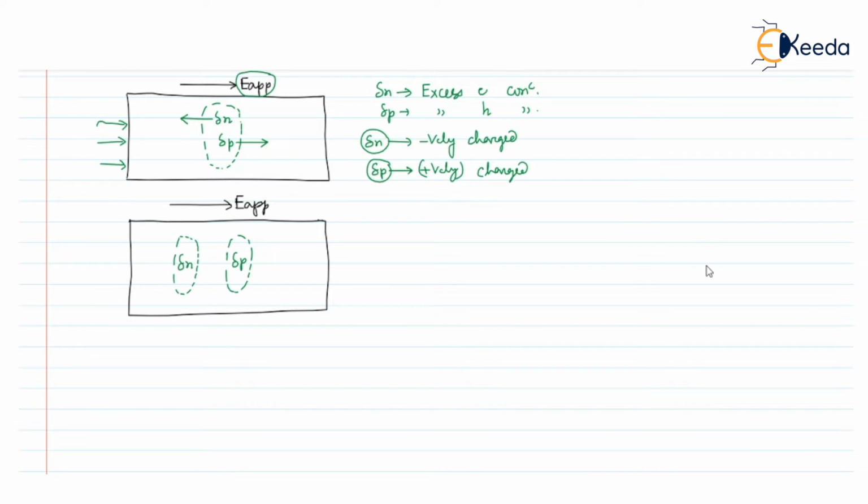When this separation is created between the excess electrons and excess holes, an internal electric field will be induced from del p to del n. Let us denote this internal electric field by E internal. It will exist between the two particles, directed from del p to del n.